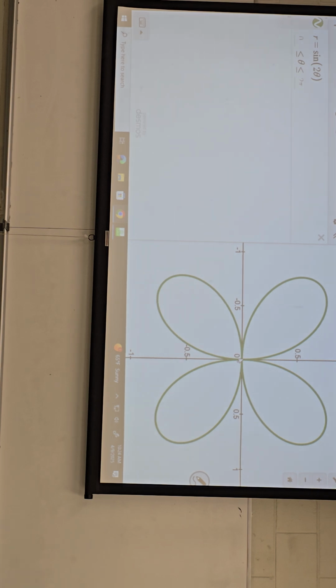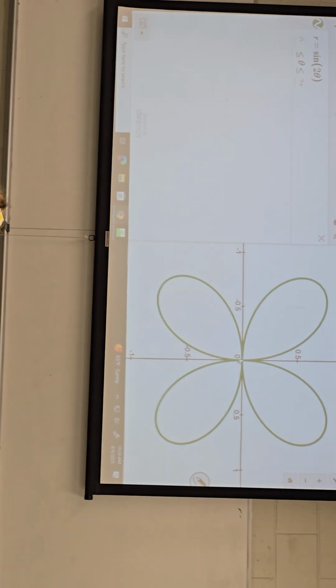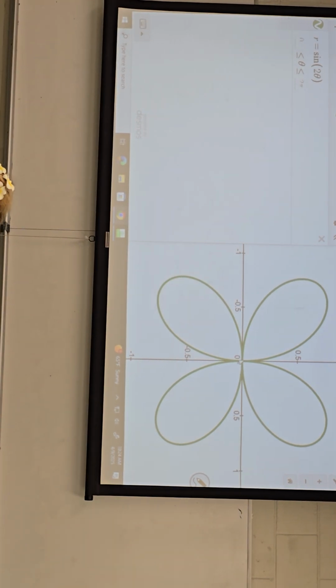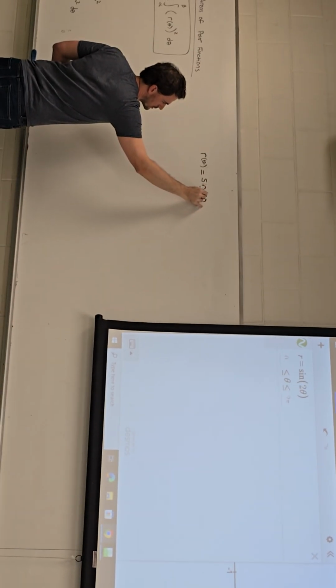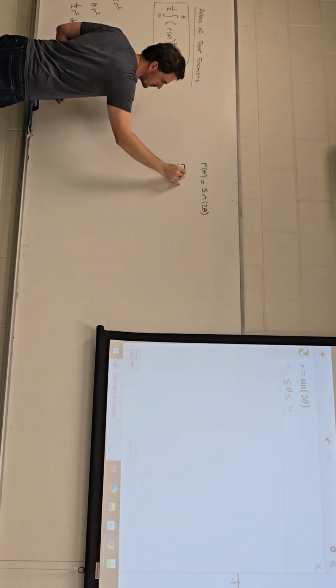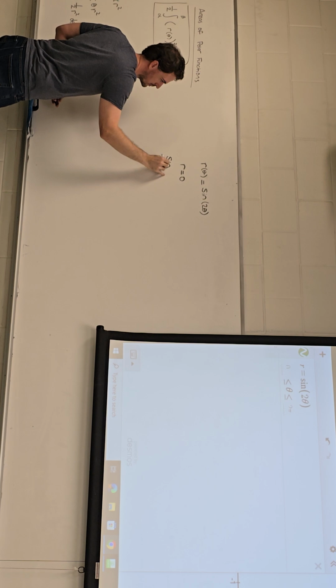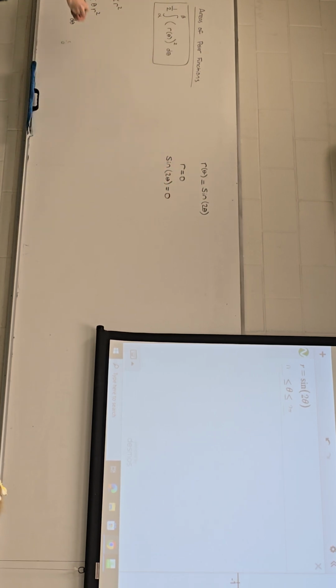So we're going to have to solve this equation for theta. We want to find when the radius equals 0. So just to make sure, why are we solving for the radius equals 0?